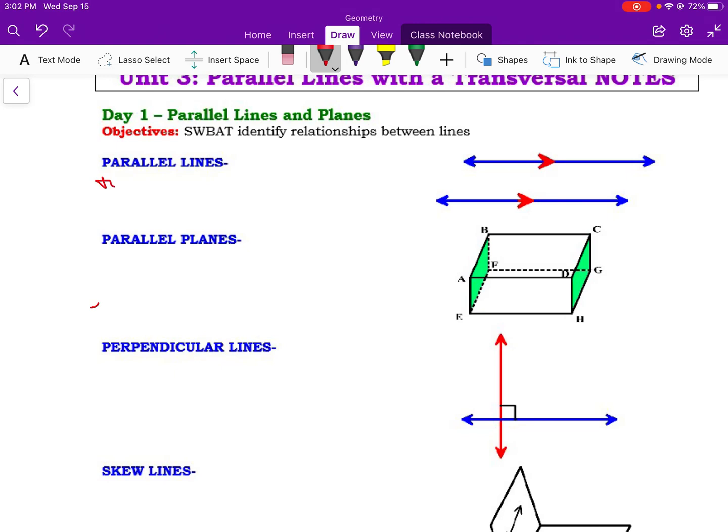So two parallel lines are defined as two lines in the same plane that are equidistant from one another.